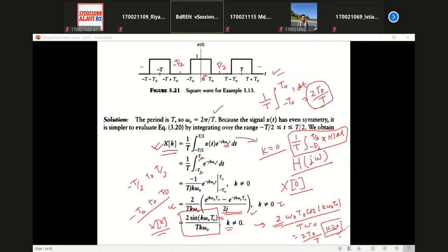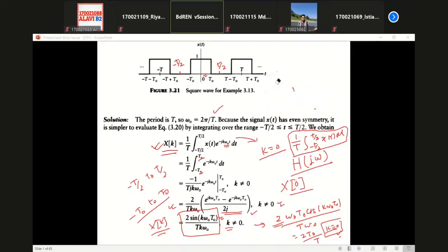In this way, once our Fourier constants are determined, that will tell you which harmonics are there in your signal. So it's ranging from k equal to minus infinity to infinity. And this type of function is very similar to a mathematical function called the sampling function. Have you heard about the sampling function earlier?